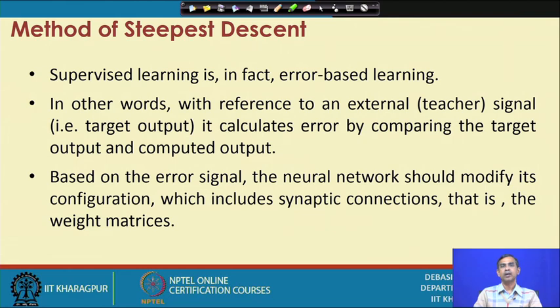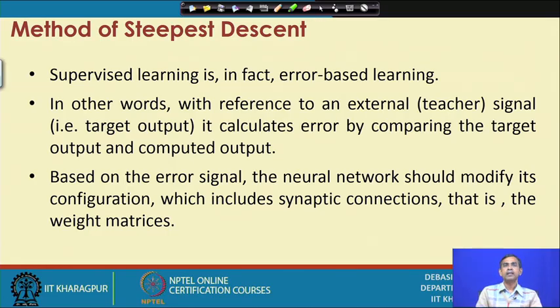The network will sense the error magnitude, and based on it, the neural network should modify its parameters and configurations. That is the concept that is followed. Again, for simplicity of the discussion, we will not consider all the neural network parameters; we will only consider the calculation of the V and W matrices as the neural network parameters.